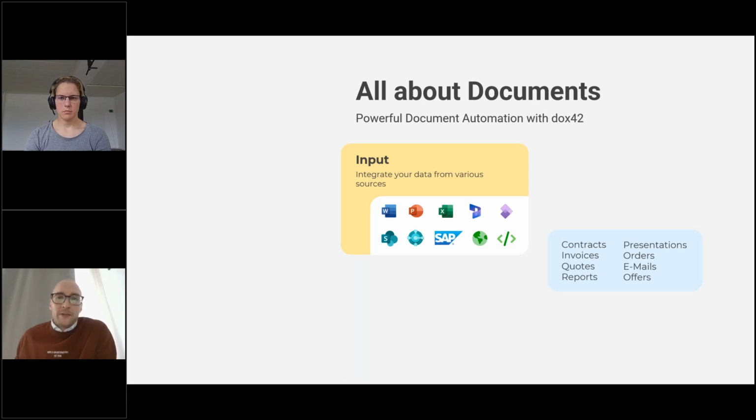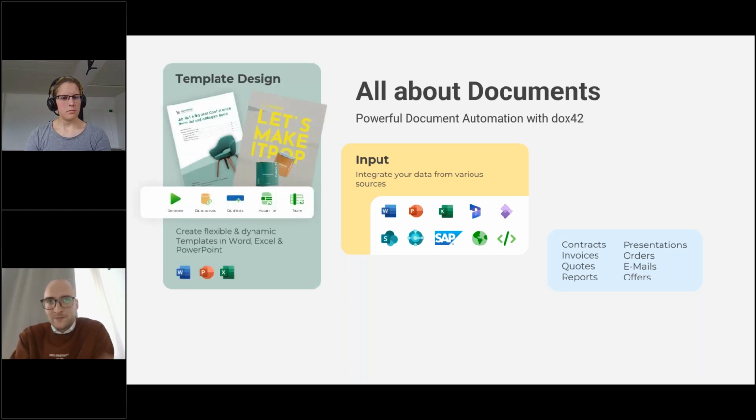But again, there's a big width essentially of what you can connect and what different scenarios require. The templates are managed, as mentioned, within M365. And if all of this isn't as tangible, we'll see it in a minute. So don't worry. You should be able to get a better feeling of what that actually means.